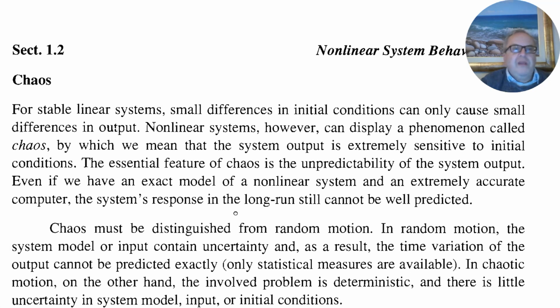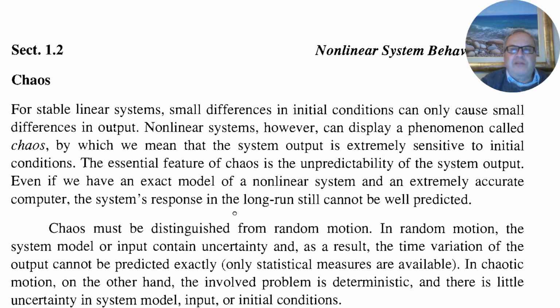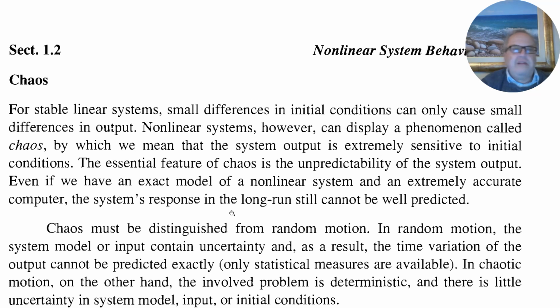Chaos. For stable linear systems, small differences in initial conditions can only cause small differences in output. This is very important.